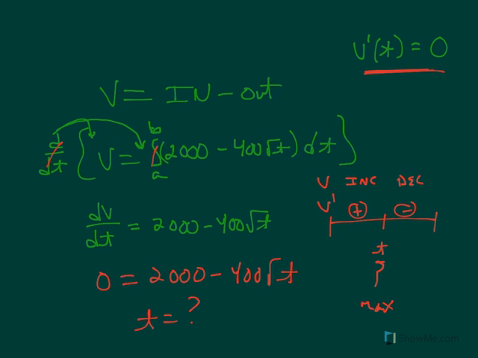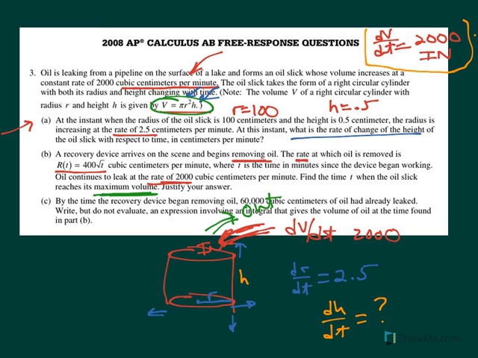And if we go ahead and look at part C, let's see if we can clean this up a little bit. For part C, it says by the time the recovery device begins removing oil, there was already 60,000 cubic centimeters of oil that had leaked.